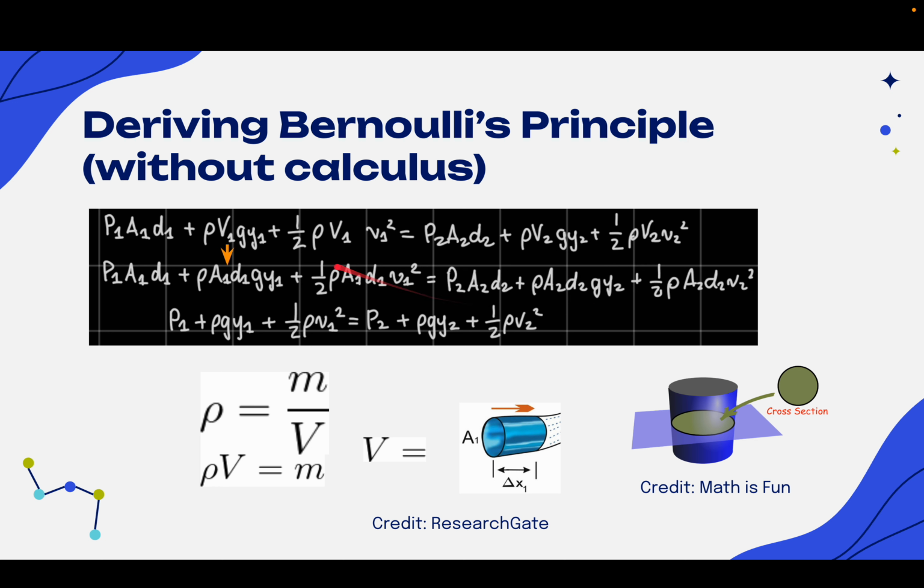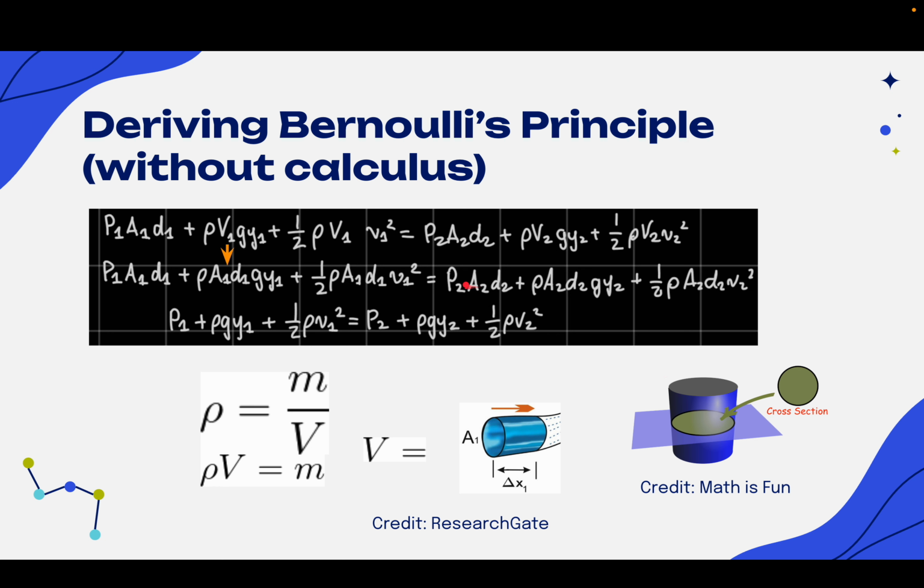And then we can cancel out the A1 d1s and A2 d2s because of what we said. The volume of the section from here and here will be the same.